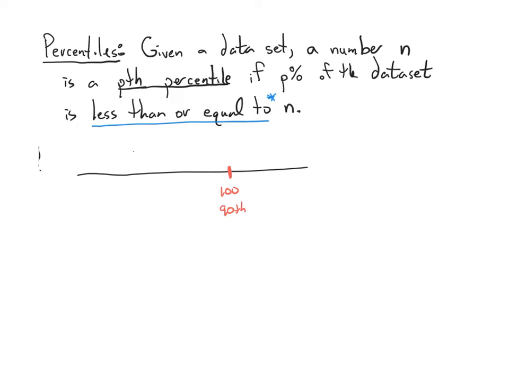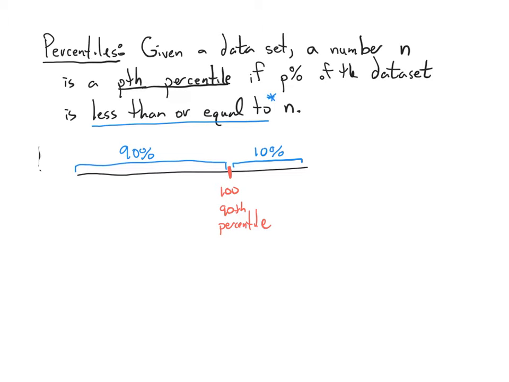That tells me that 90% of the ordered data is less than 100, and of course 10% is above 100.